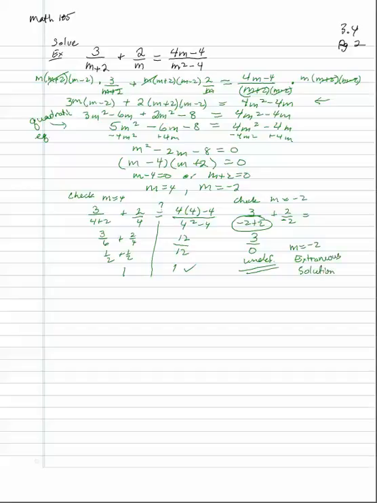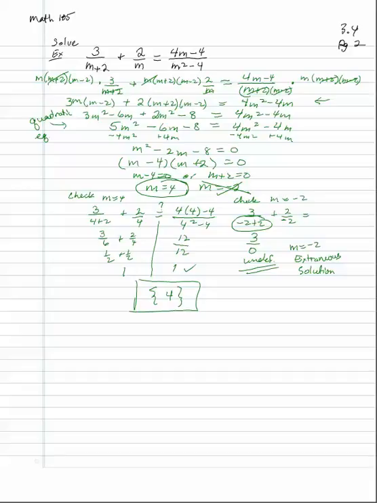It's a solution to our equation after we multiplied both sides by the LCD, but it's not a solution to the original equation. So just m is 4. That's your only solution to the original problem.